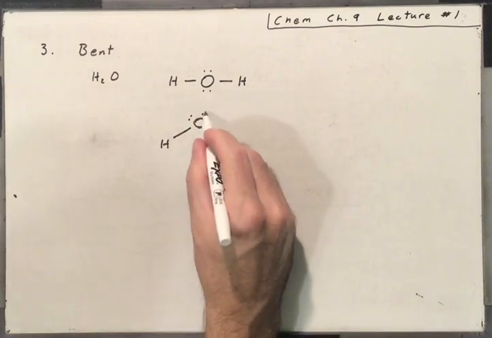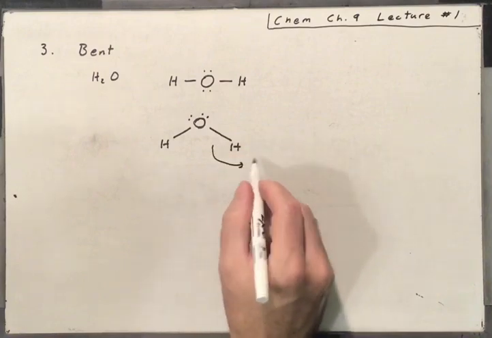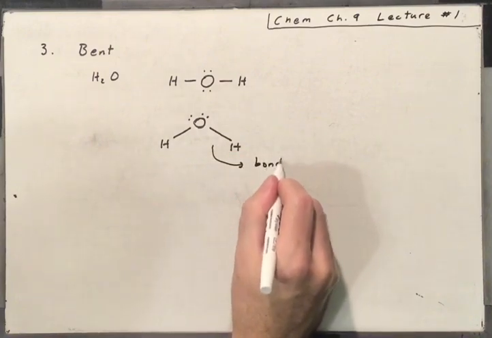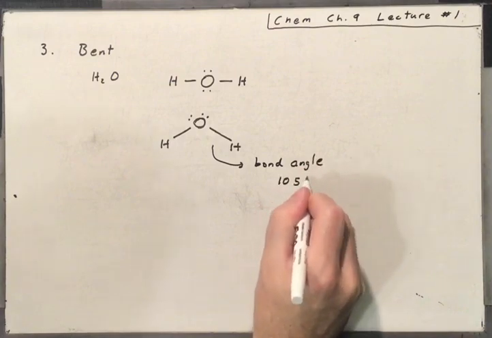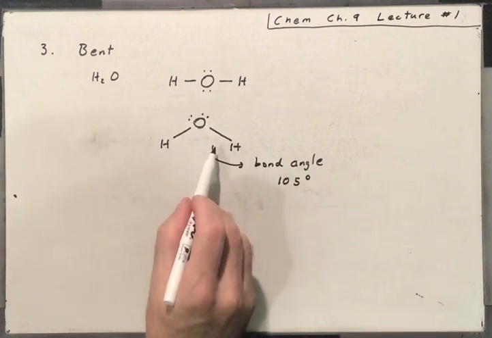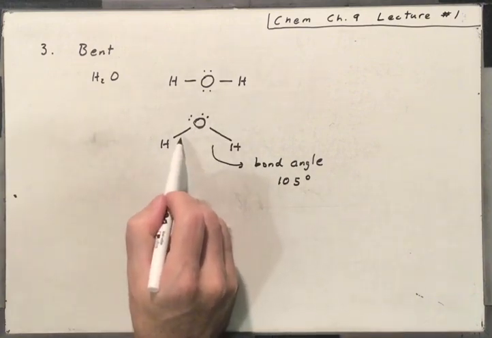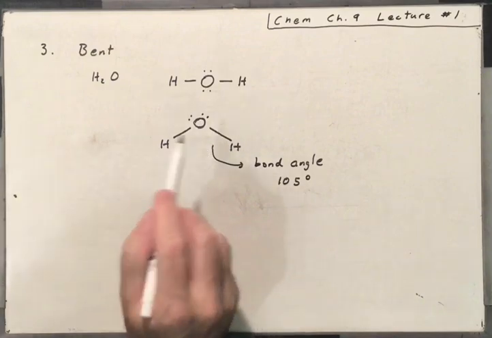All right, so these electron pairs squish down even further. Bond angle is 105 degrees. So for the bent shape, you need to memorize that the bond angle is 105 degrees, and it's a central atom surrounded by two atoms that have single bonds.